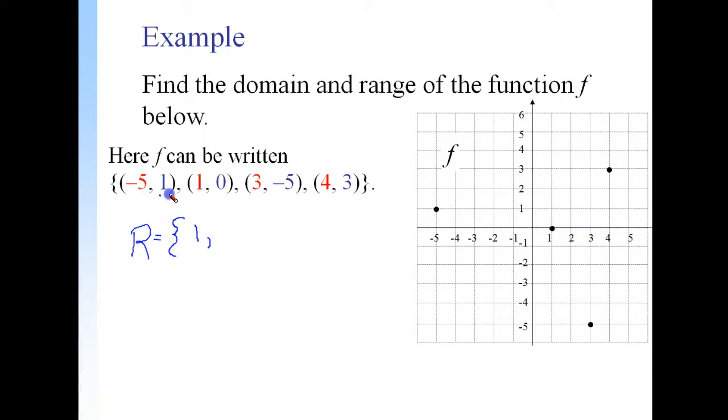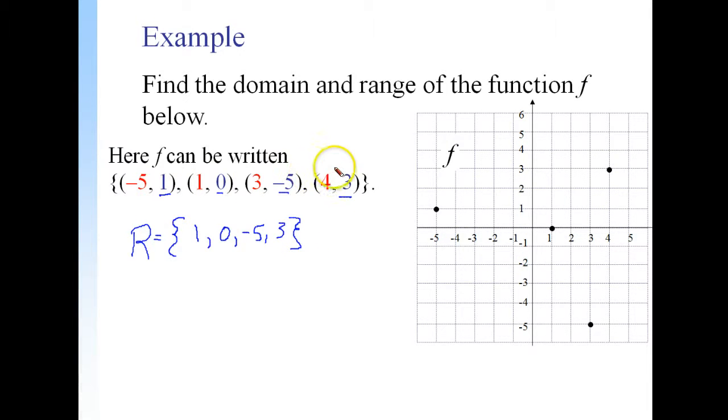And in a sense, we could pick them right out of the ordered pair sequence. So the second member, so here the Y value is 0. Here the Y value is -5, and here the Y value is 3. Okay?